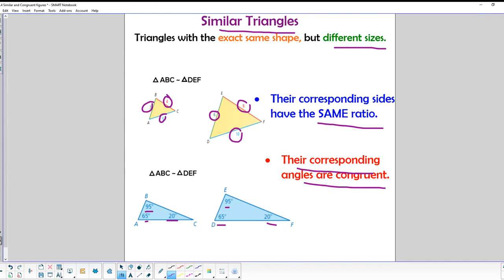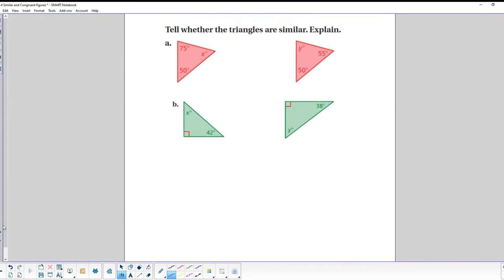Okay, keep on moving. Tell whether the triangles are similar. Explain. So if you look, you notice you got a 50-degree angle here, 50-degree angle here. What you don't know is what this angle is here.